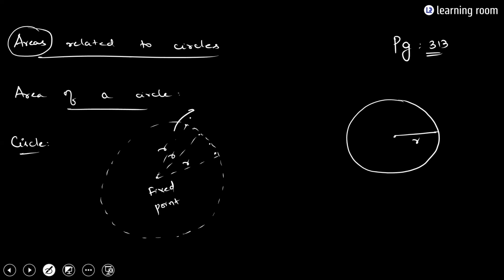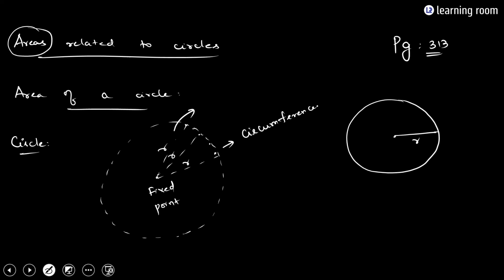There are two parameters associated with the shape. One is that it has a length associated with it. And what is the name given to that length for a circle? It's called circumference.